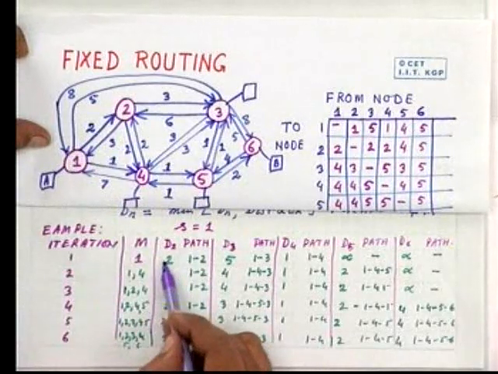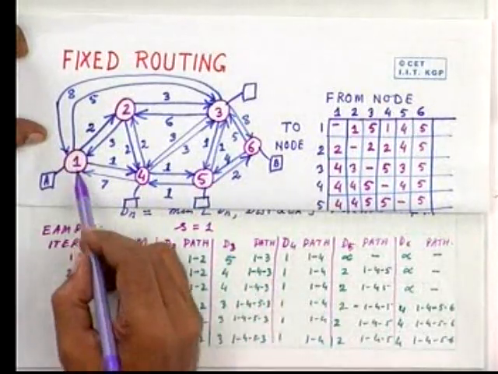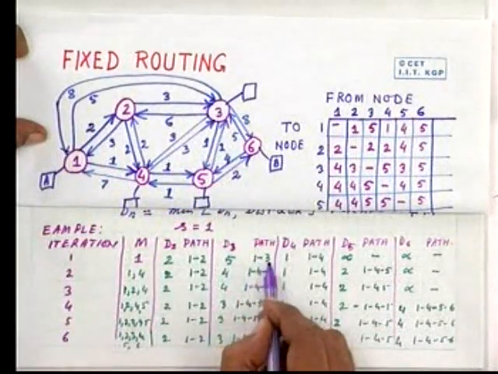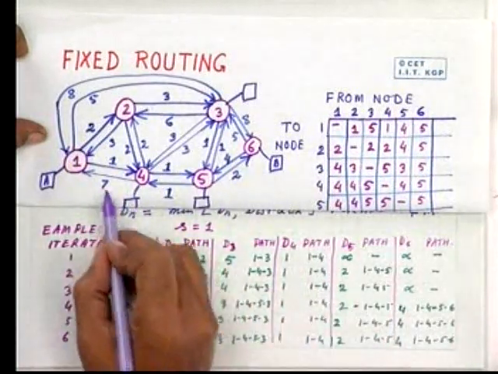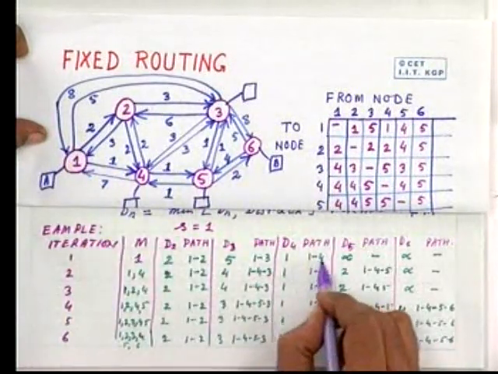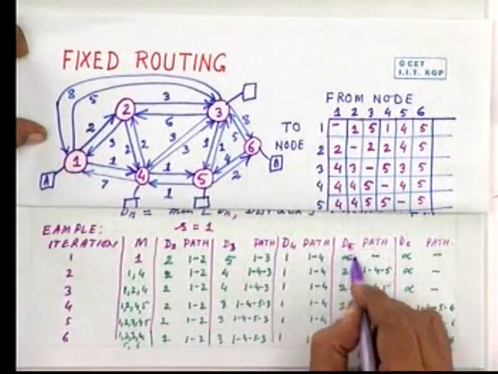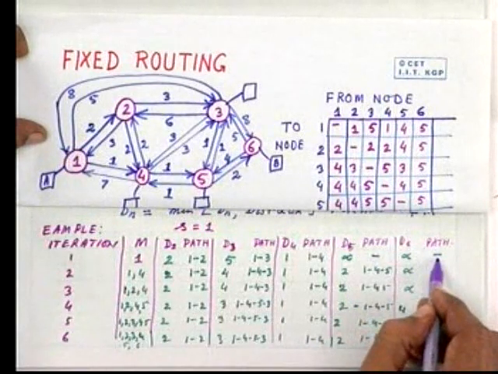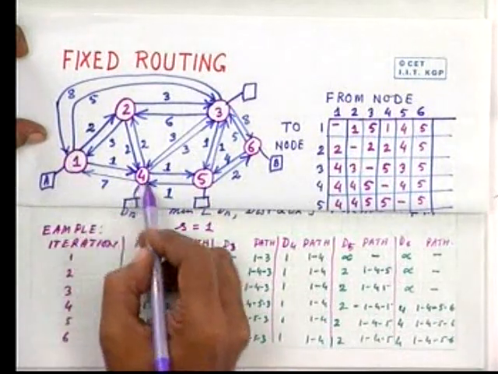For node 3, D3, the cost is 5 as you can see, and so route is 1, 3. For 4, it is also connected, cost is 1, and D5 is not directly connected to it, so cost is infinity and path is nil. Similarly for D6.